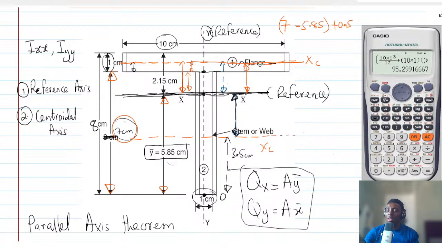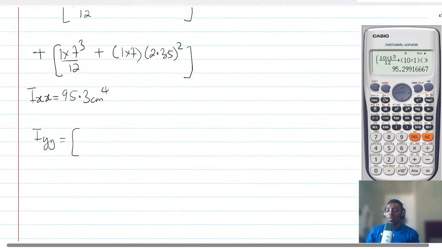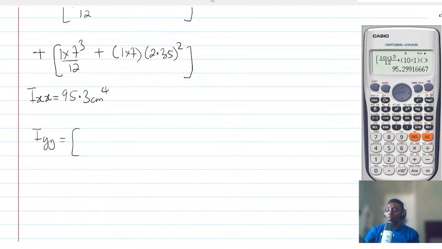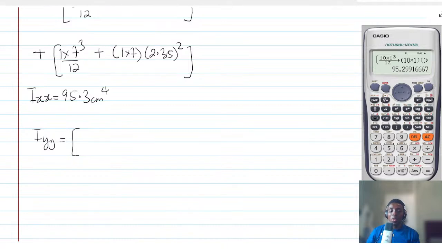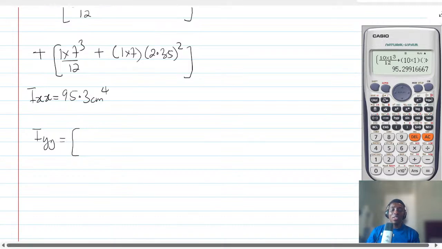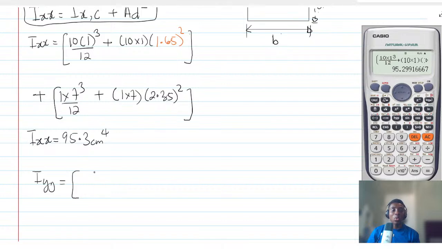Are you okay? All right. So it's going to be just swap for the Y axis. That's all. So this time around will be 1 times 10 cubed divided by 12.